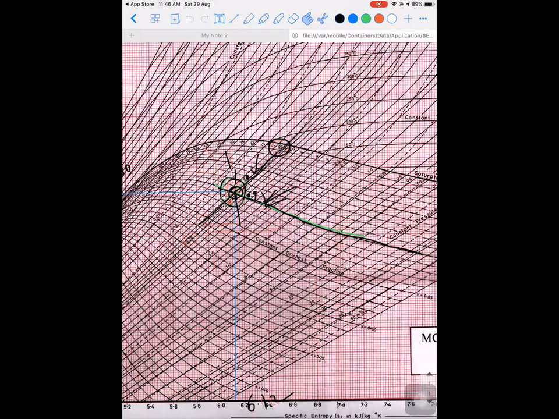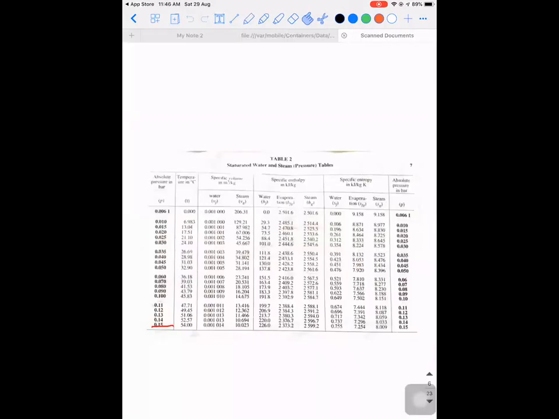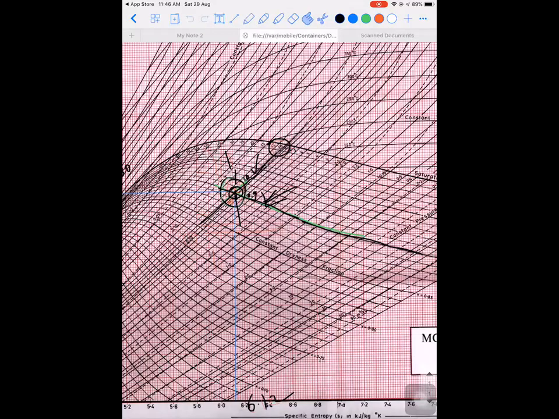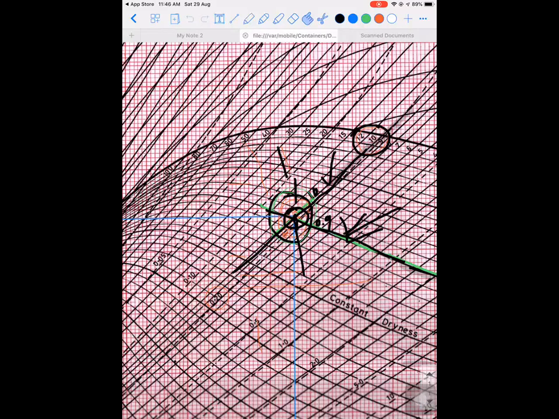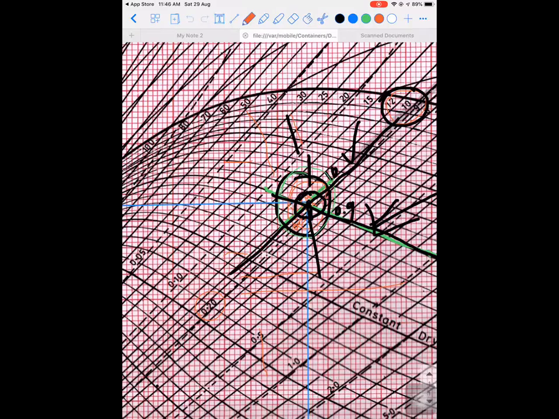Okay. So ultimately the essence of what I want to say is, if you want to use this Mollier chart, the advantage is simply by identifying a 10 bar line like this. I'm able to identify this line, followed by the next one, which is 0.9.